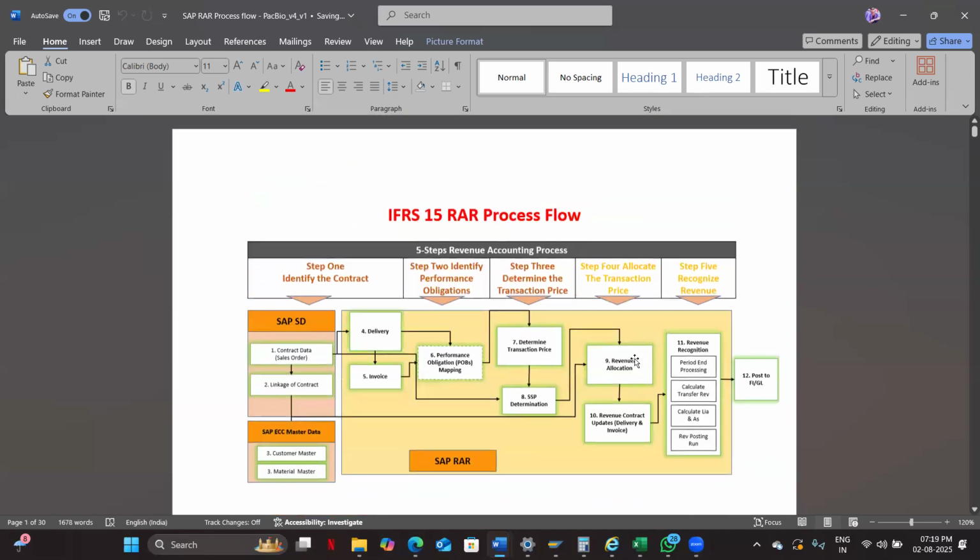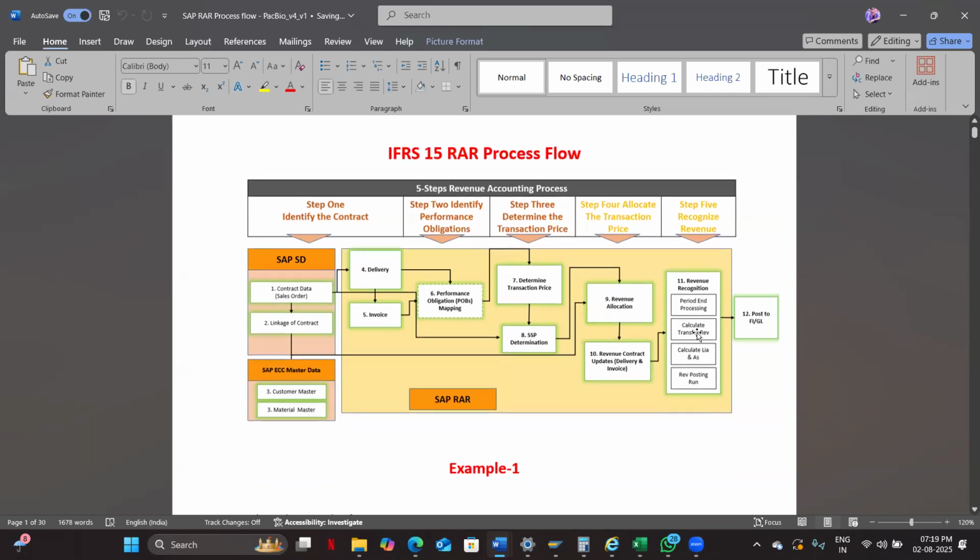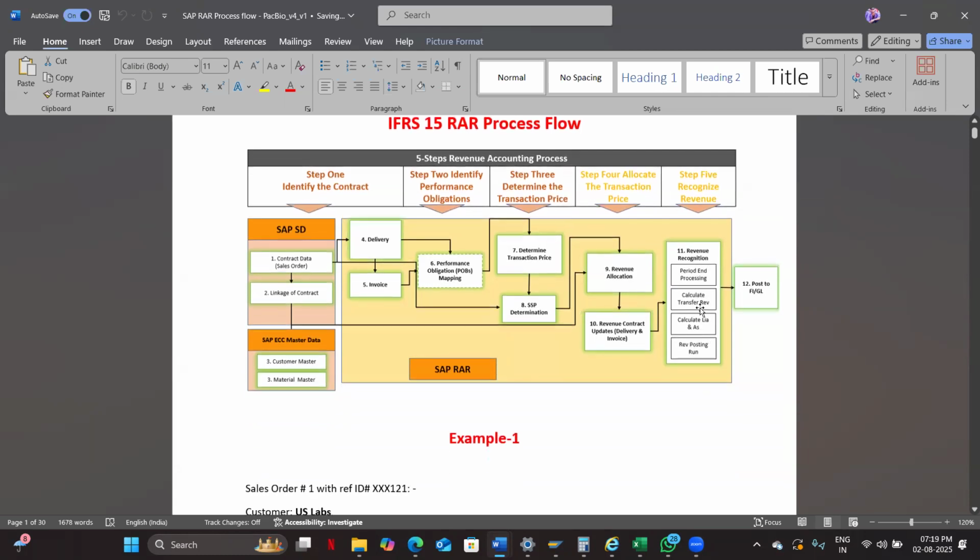You can see here the last is the three-step run, which we call the three-step run or ABC process, for this last process. Here we have three types of process. Firstly we calculate and transfer revenue. Second, we calculate liability and asset, and last we post recognized revenue.